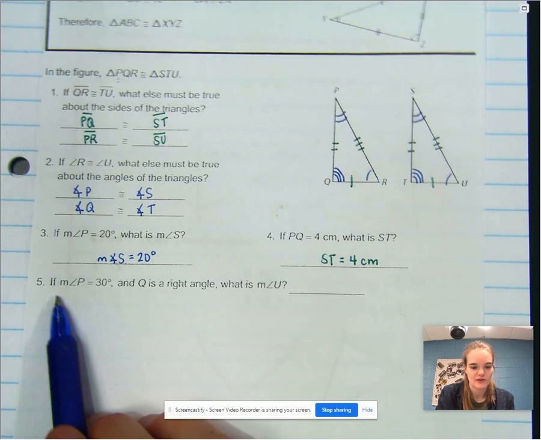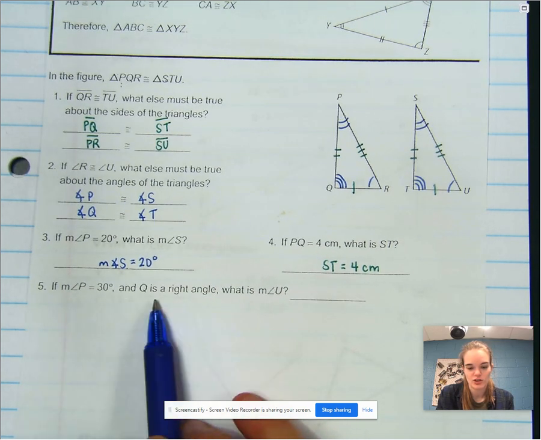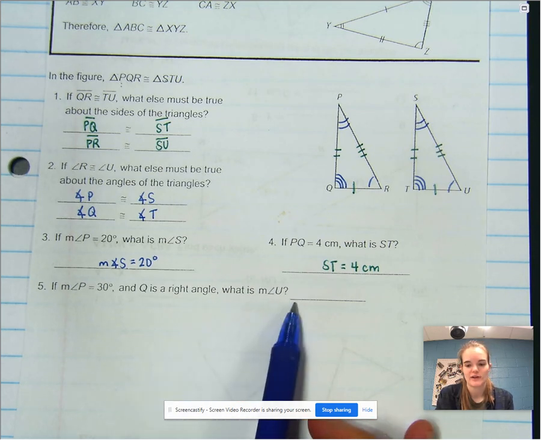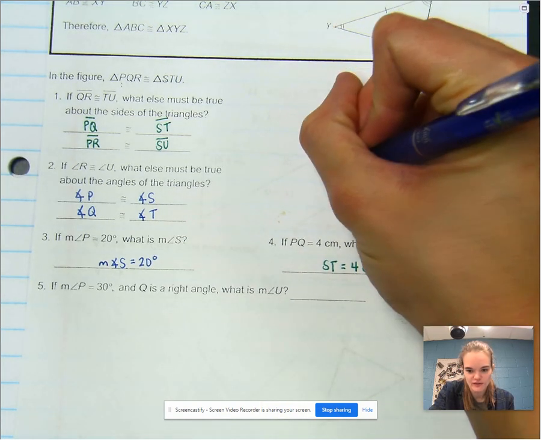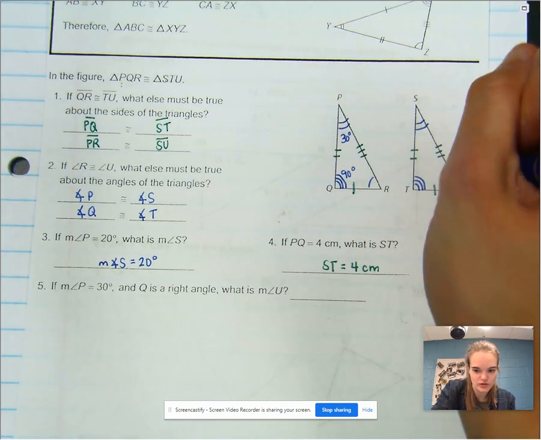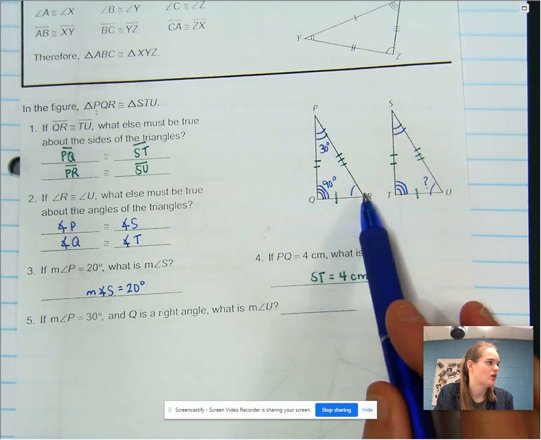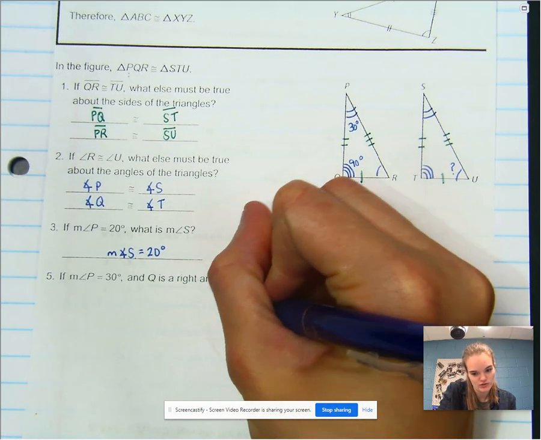Okay, number 5, if M is 30 degrees and Q is a right angle, see, they told us it was a right angle. What is the measure of angle U? Okay, so this is 30, this is 90, and it says, what is U? Well, U is going to be the same as R. So there are 180 degrees in a triangle.